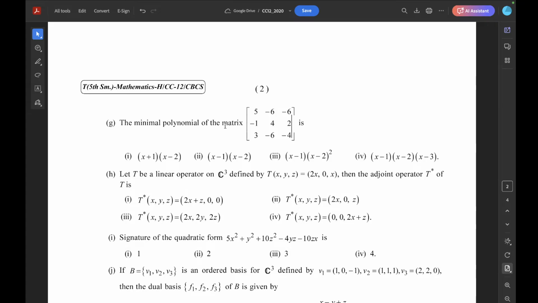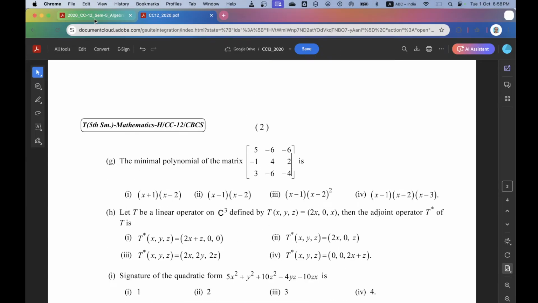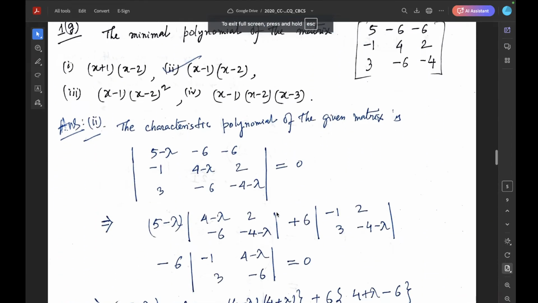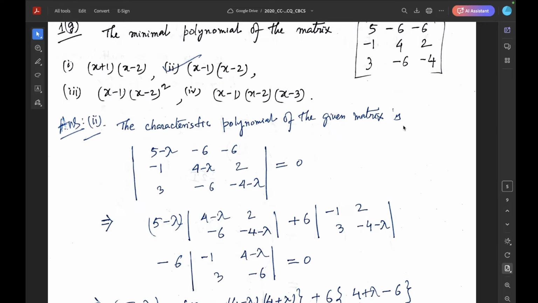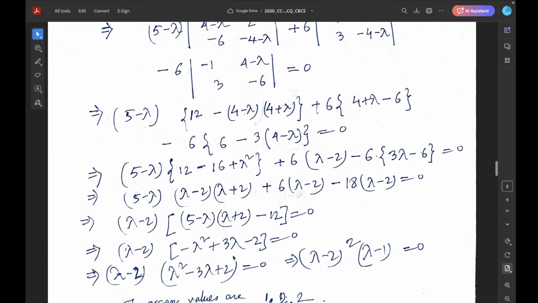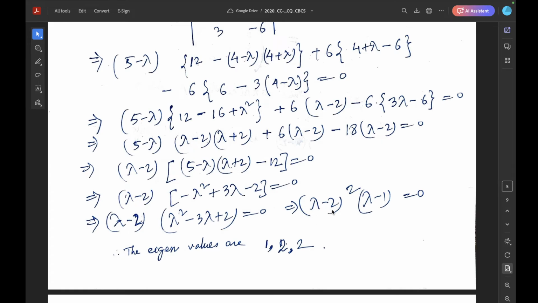The minimal polynomial of the matrix 5, minus 6, minus 6; minus 1, 4, 2; 3, minus 6, minus 4 is what? Now the characteristic polynomial of the given matrix is the determinant of this matrix with lambda subtracted along the diagonal, equal to 0. Expanding and simplifying, we get (lambda minus 2) whole square into (lambda minus 1) equal to 0.